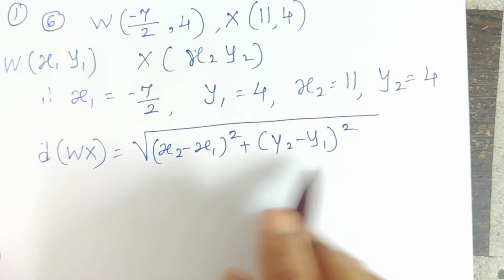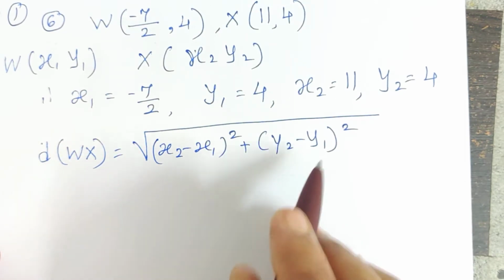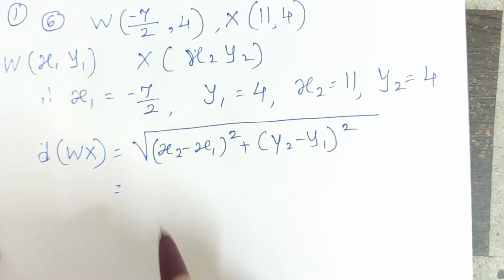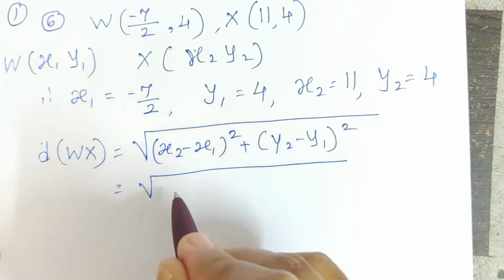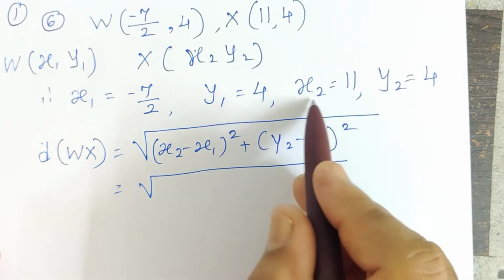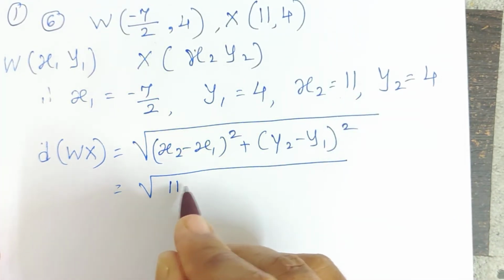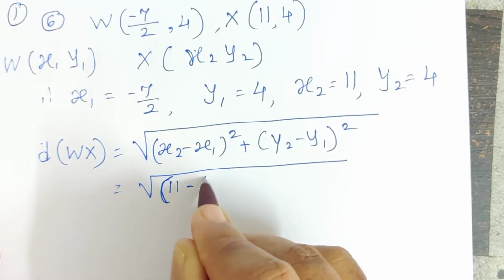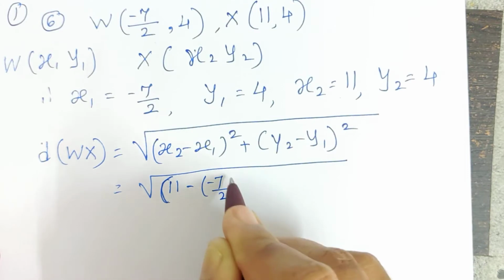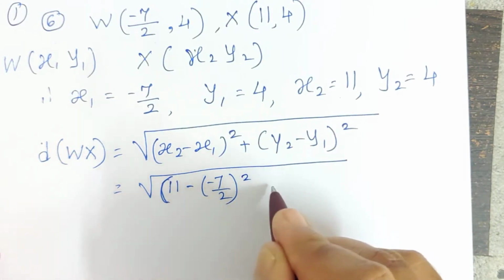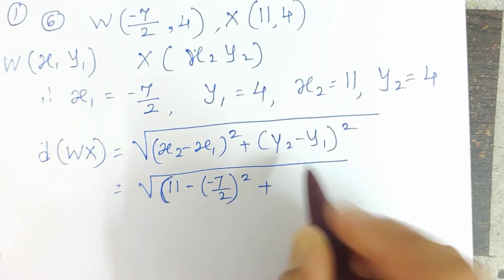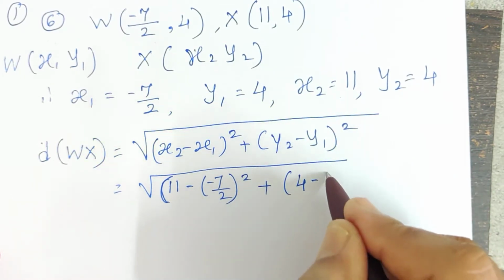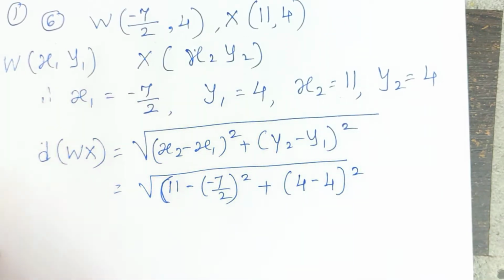Then you put the values of x2, x1, y2 and y1. So we will get under root (11 minus -7/2) bracket square plus (4 minus 4) bracket square.